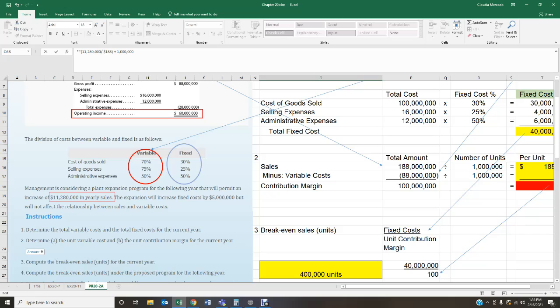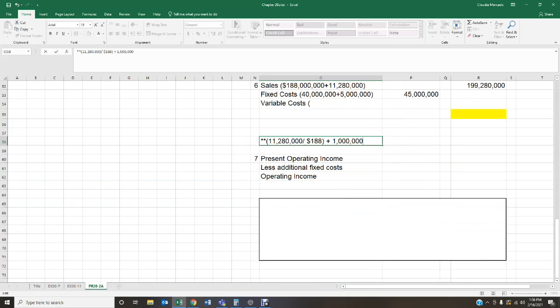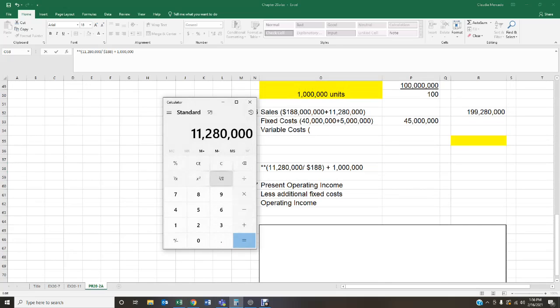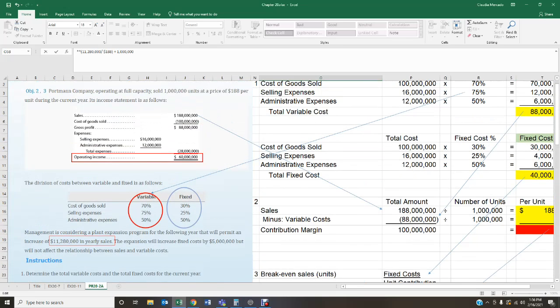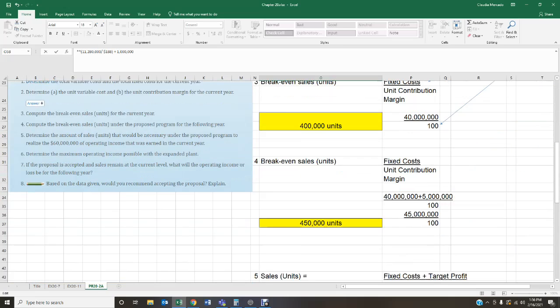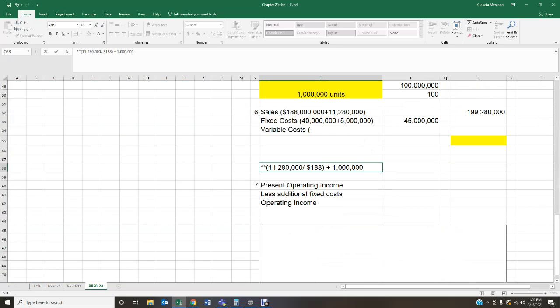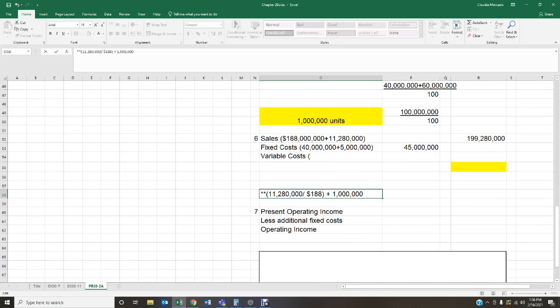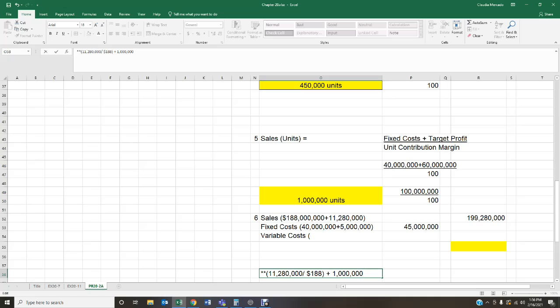So that represents your new sales figure, your 11,280,000. You're going to divide by your unit variable cost, the sales per unit cost of 188 in requirement 2. Okay, and then I'm going to add the 1 million required units to be sold to be able to attain that target that management wants.